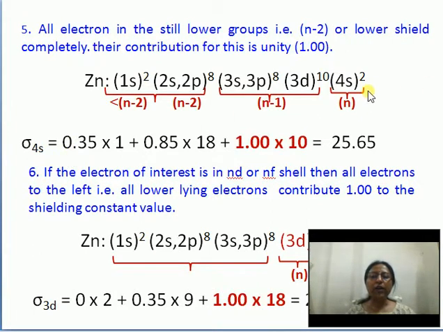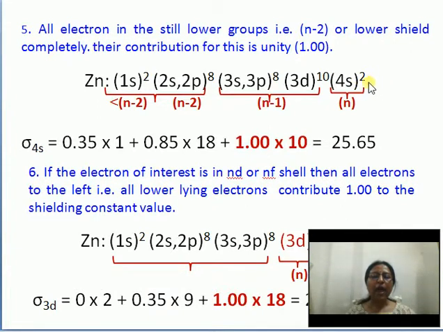And now you see the calculation part. Here this is your nth electron. So the n shell electrons give rise to the value 0.35, and 0.35 we have multiplied by 1, as we are taking one electron on which we are doing the sigma value calculation. We are not taking that into account.